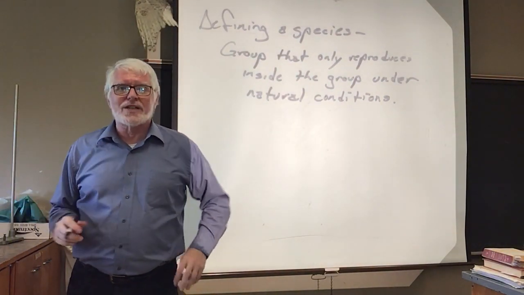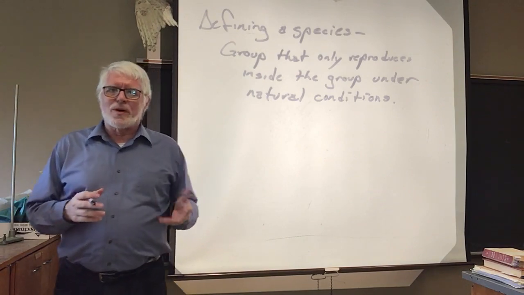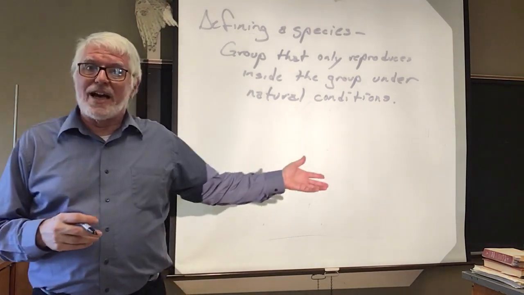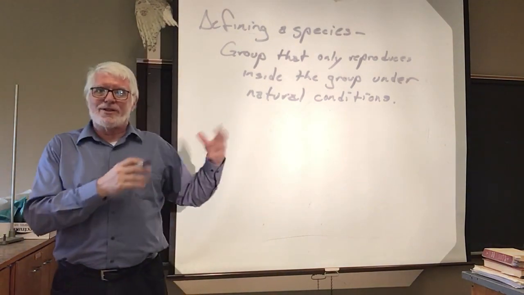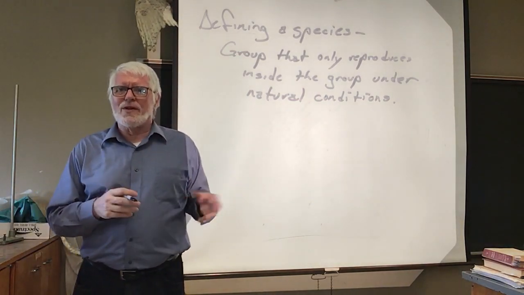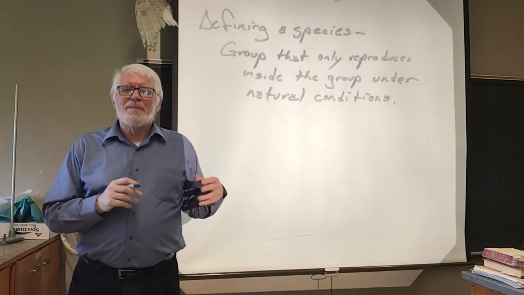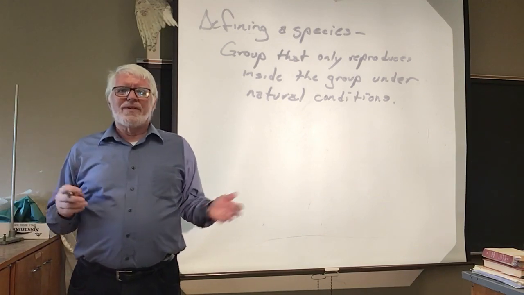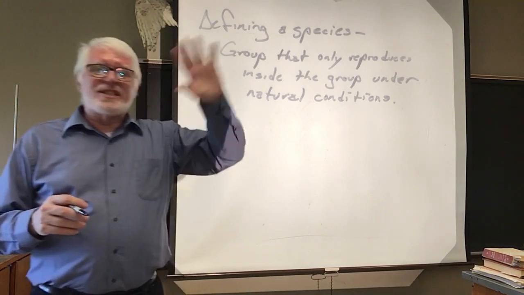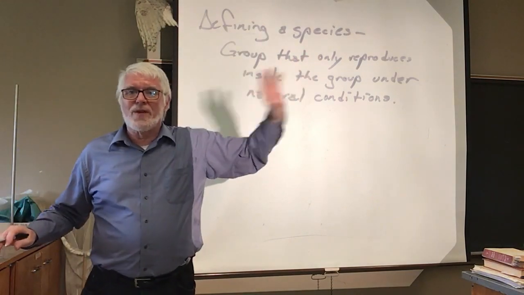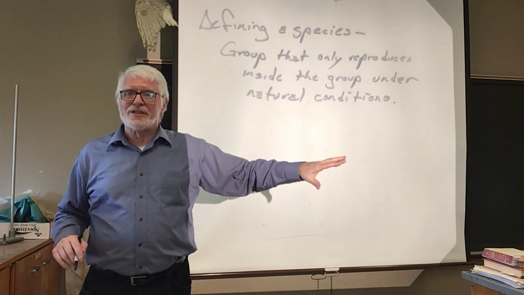They don't reproduce outside of the group. In places where lions and tigers exist together, lions and tigers can reproduce in captivity if they start messing around. They produce sterile offspring. Now, that used to be part of the rule too. But in nature, they don't do that. And again, there isn't a rule you can come up with for defining a species that you can't find exceptions to.